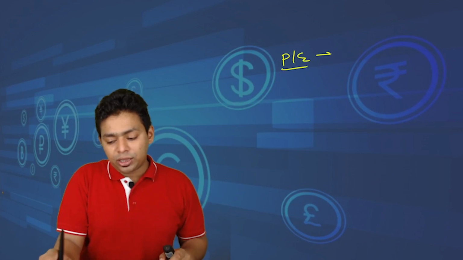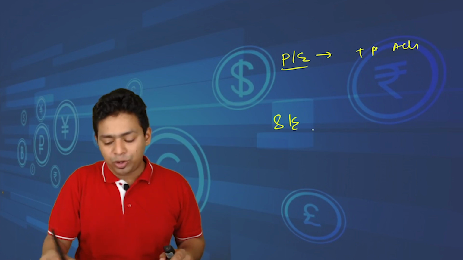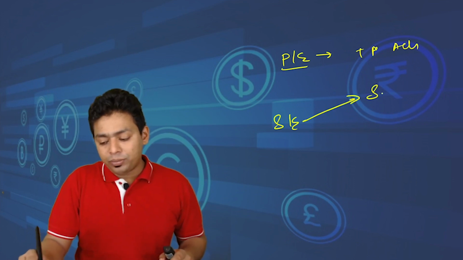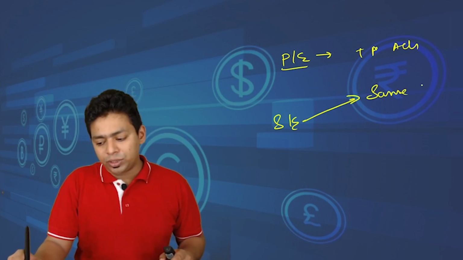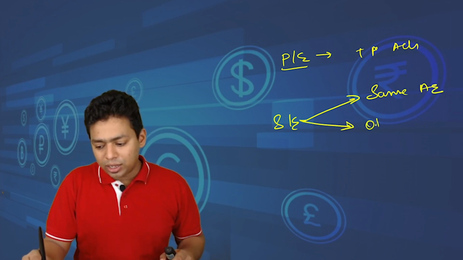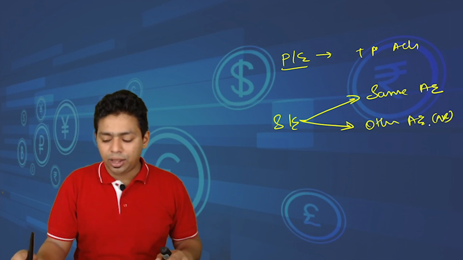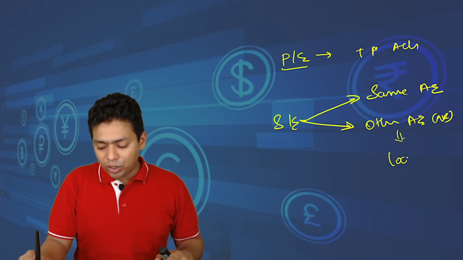Primary adjustment is nothing but a TP adjustment that we have learned, and secondary adjustment has given you three effects. Bring back that money, repatriate that money from the same associate enterprise. If not, then bring back from any other associate enterprise which is non-resident, not resident in India. If not, then this will be treated as a loan.